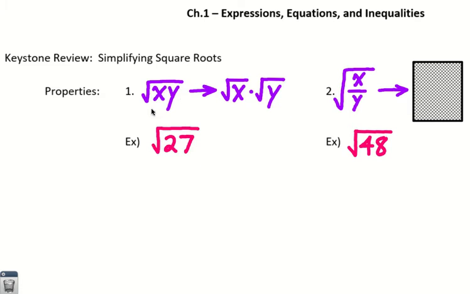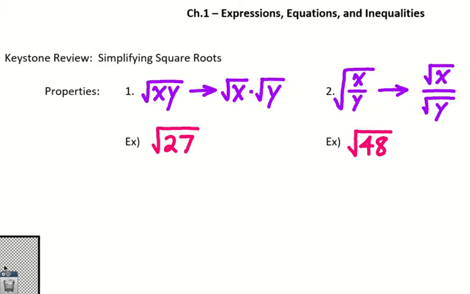You can separate this into the square root of x times the square root of y. Similarly, you can take the square root of x over y, and it's true that you can break it up into the square root of x all over the square root of y.